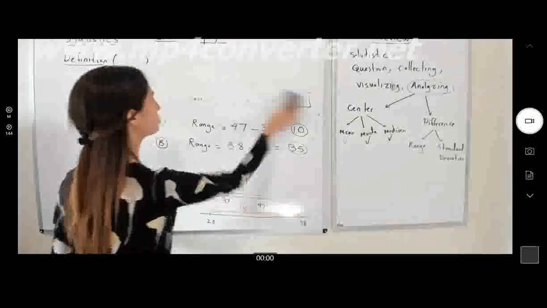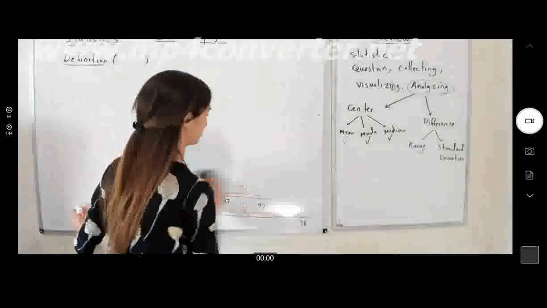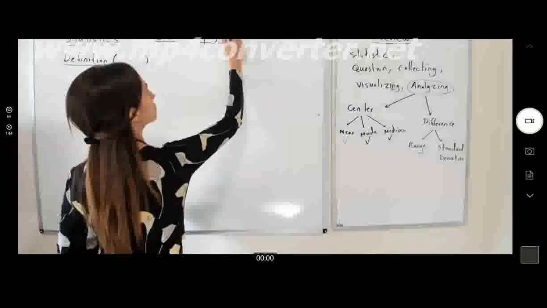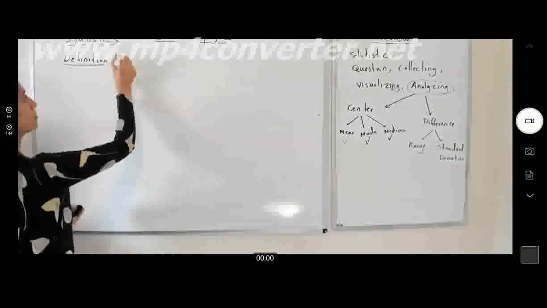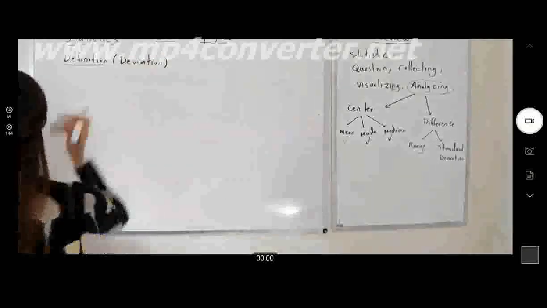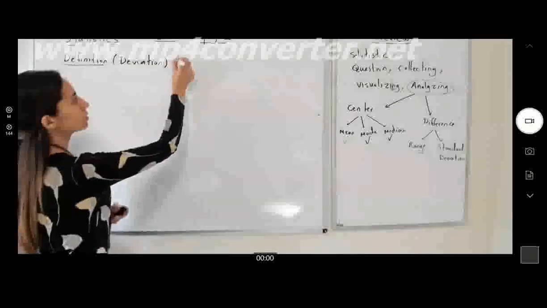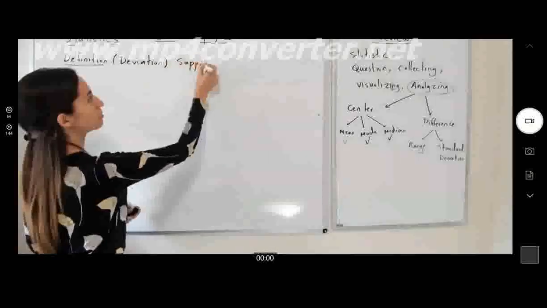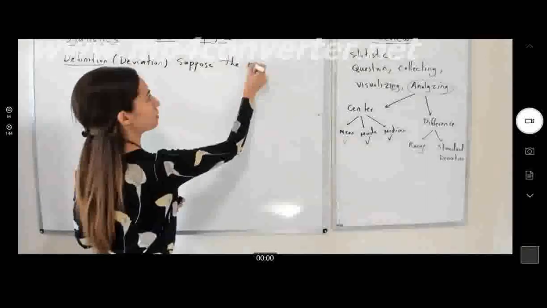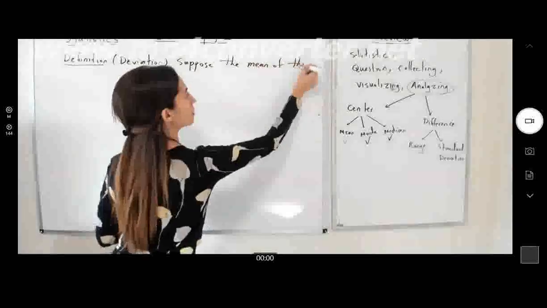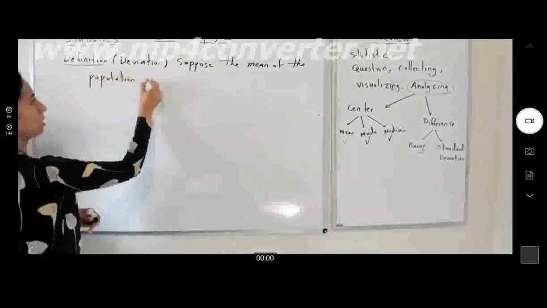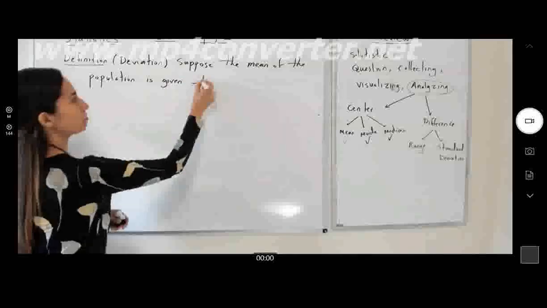We are on page 2. So suppose the mean of your collection, the mean of the population, let's say for the population, is given as mu.